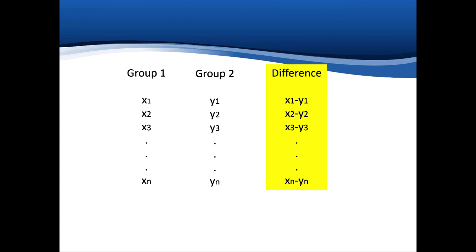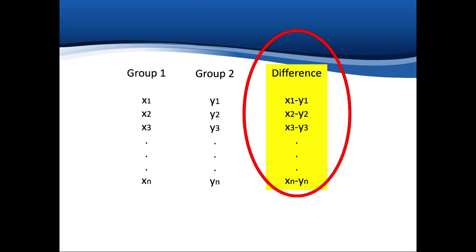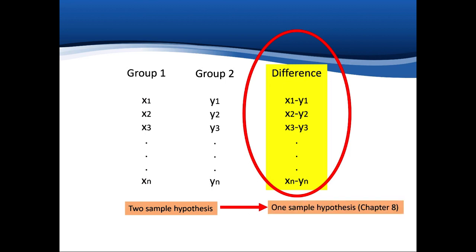Now, we only consider the difference column so that we transfer a two-sample hypothesis problem into a one-sample hypothesis problem, which is Chapter 8 material. Now let me give you some examples of Case 4.